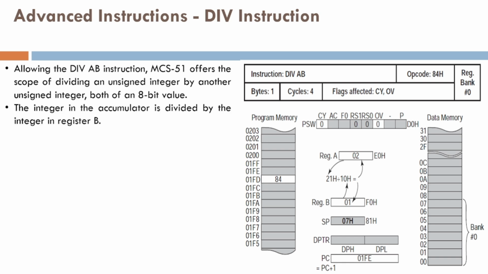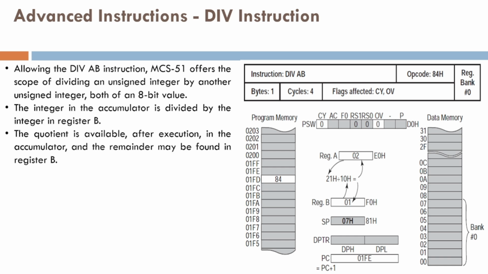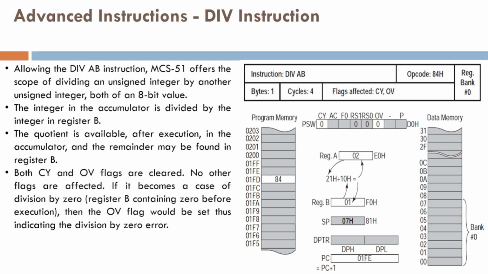In this case, the integer inside the accumulator gets divided by the content of the register B, and the quotient is available in the accumulator, and the remainder will be inside the register B. Both the CY and the overflow flags are cleared. No other flags are affected.